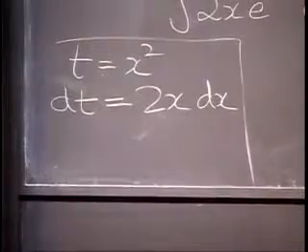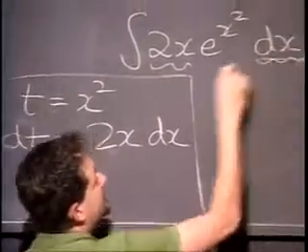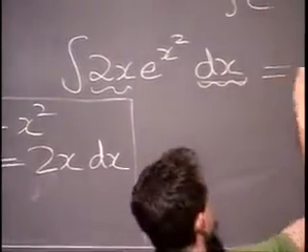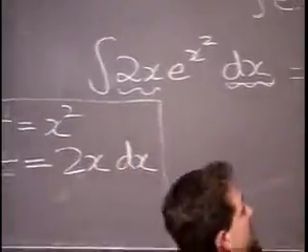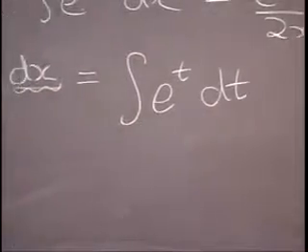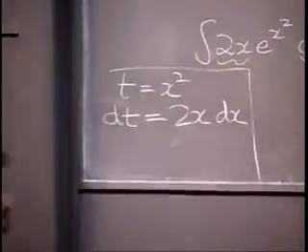But in any case, the point here is that this 2x and dx together can be replaced in t land by dt, and the e to the x squared becomes e to the t. So this whole expression in t land is the integral of e to the t dt. And that's just a straightforward integral.